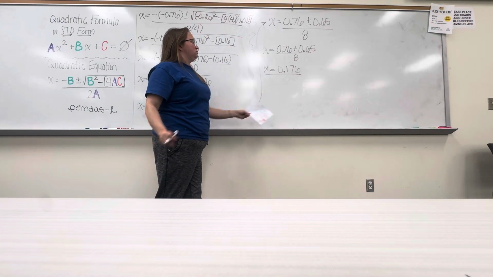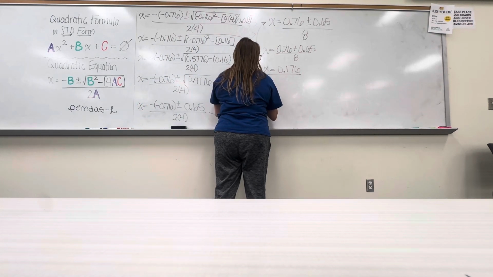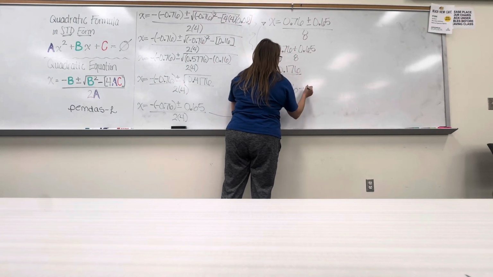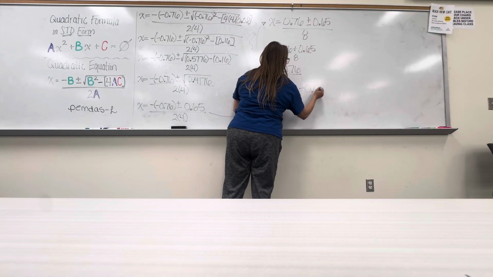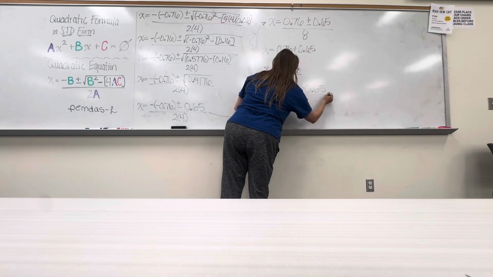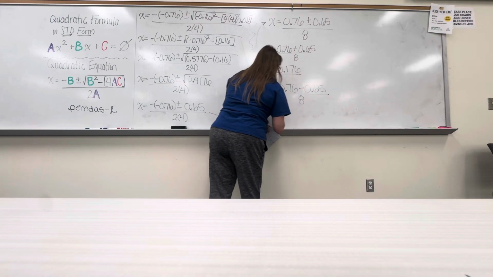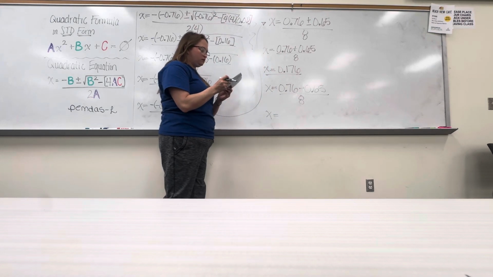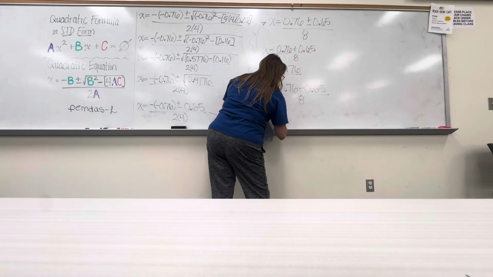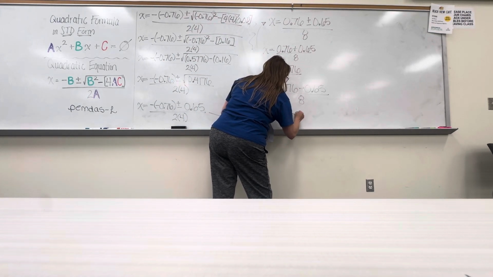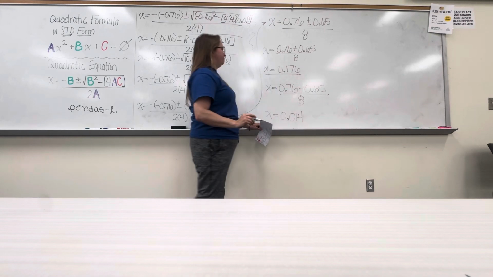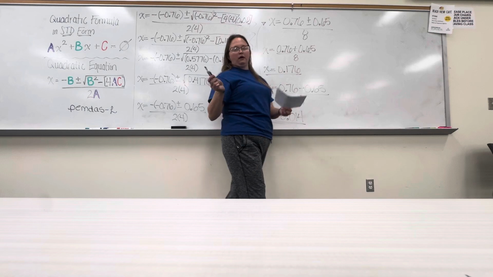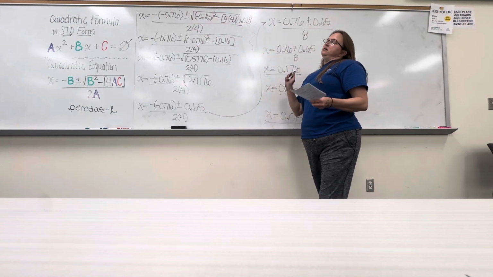Now let's go ahead and do the subtraction. X equals 0.76 minus 0.65 all over 8. And that's going to give you the X value, or the root, as 0.014.